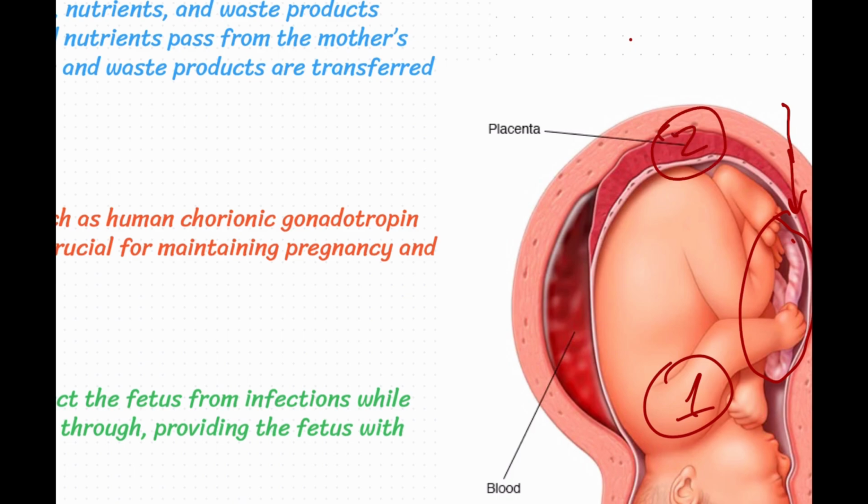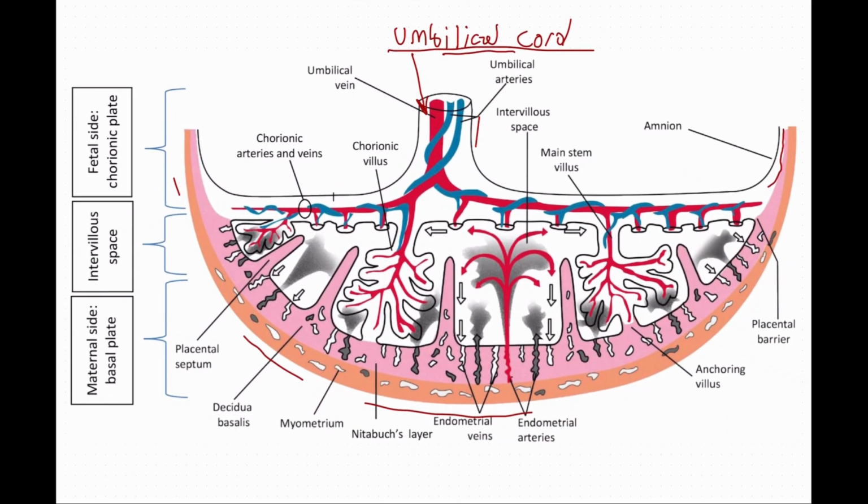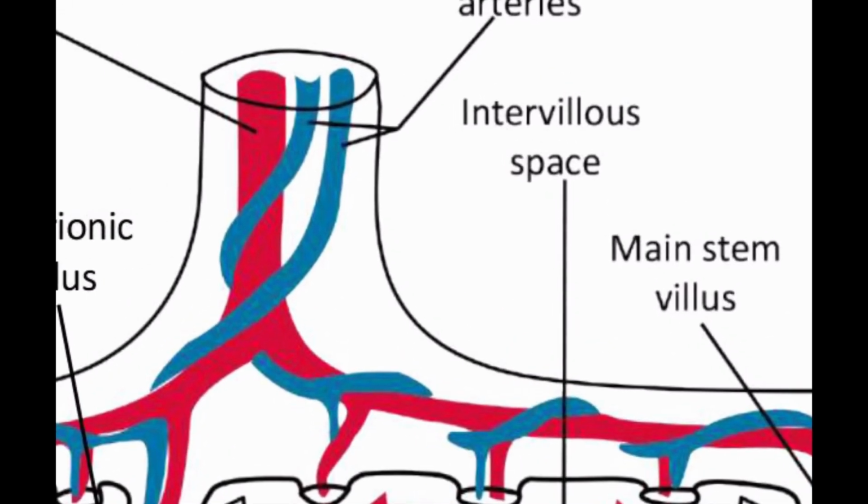The structure of this contains two umbilical arteries. You'll see it right here, and let me clear some of this out so you can see the two umbilical arteries.